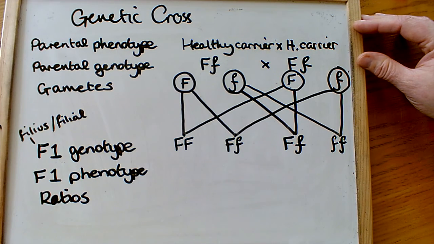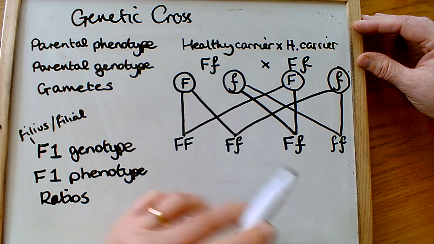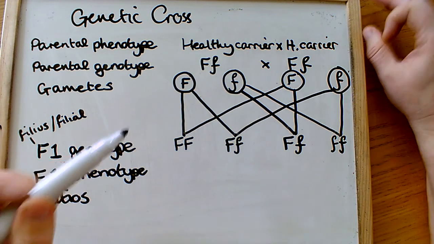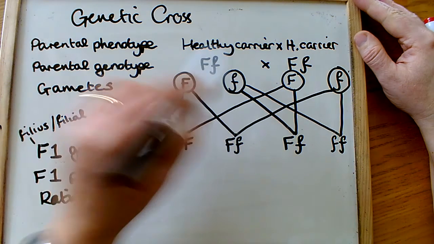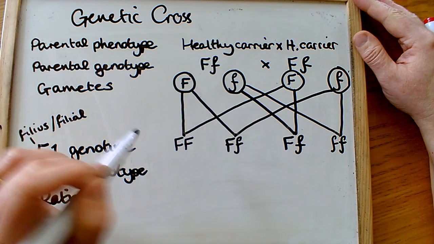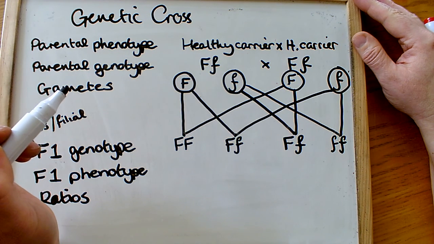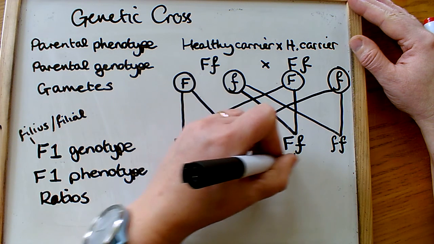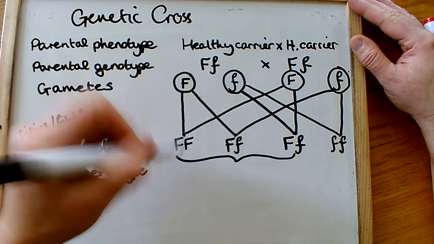combination, isn't it? Okay? And I don't draw these in circles because these aren't gametes. Gametes have only got one allele in for each of the genes that we're looking at. We're only looking at one gene, the CF gene. So then I can look at the phenotypes, and I can see that actually all three of these are going to be healthy.